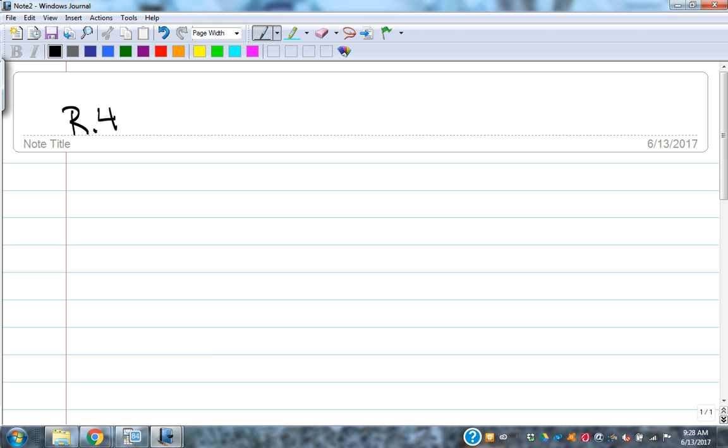We're going to go to R4, and what we're going to be doing is factoring polynomials. Factoring polynomials is the reverse of what we just did.